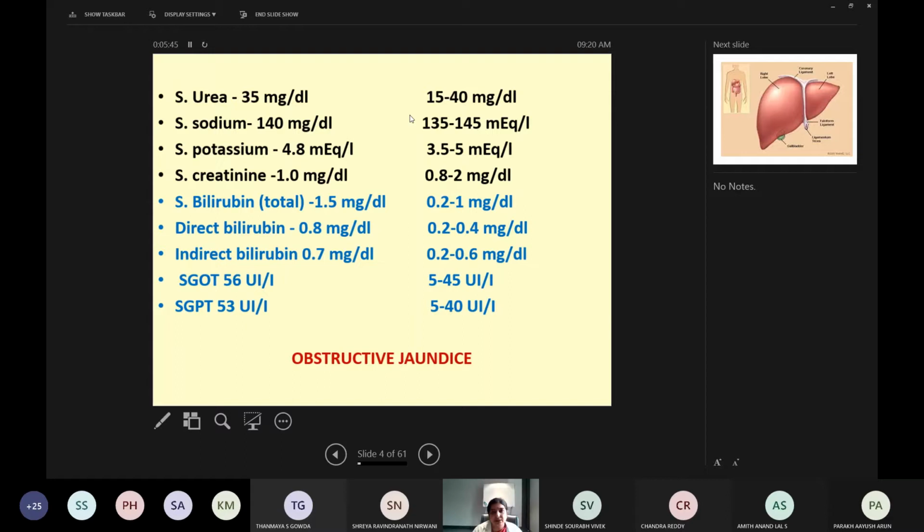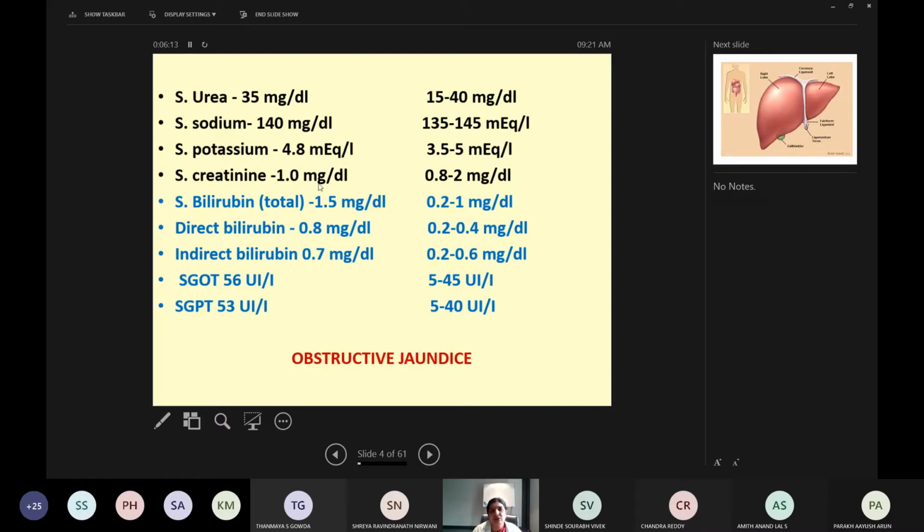And once you advise him investigations, he will come with this report, and the values I have put in black color indicate serum urea, serum sodium, serum potassium and serum creatinine. These are the values of his blood, okay, and this side is the normal values. So when we compare, this 35 mg per deciliter is within normal range.